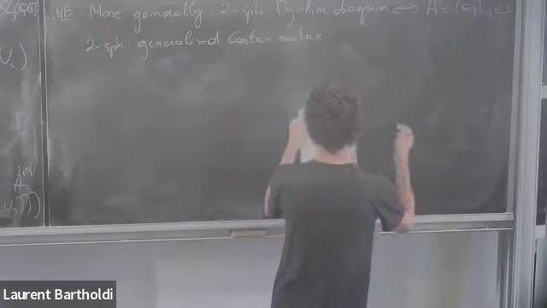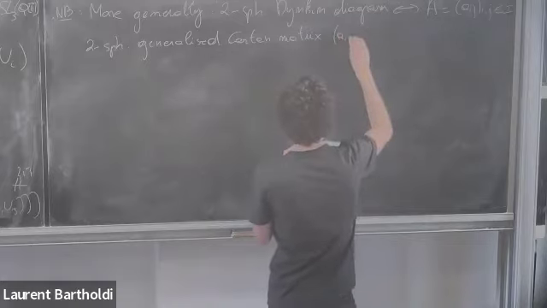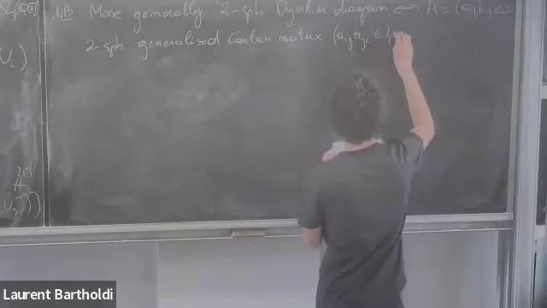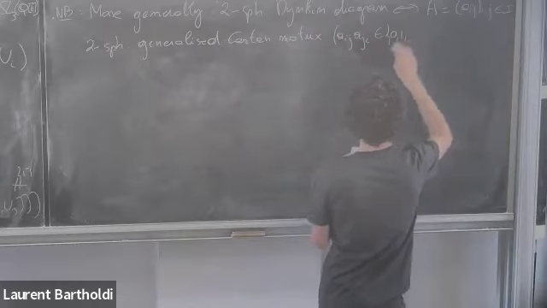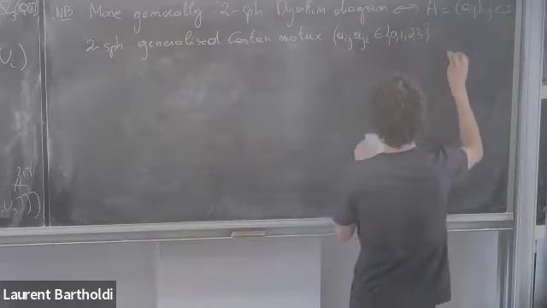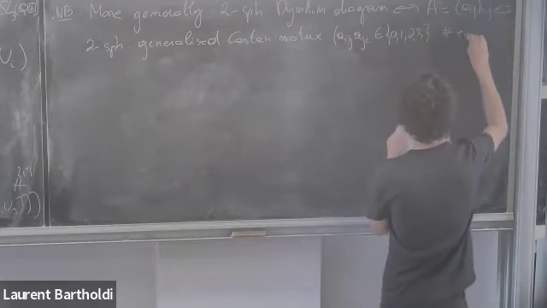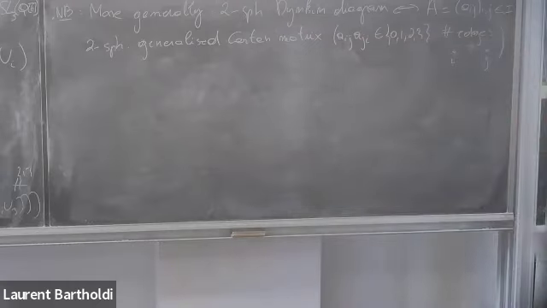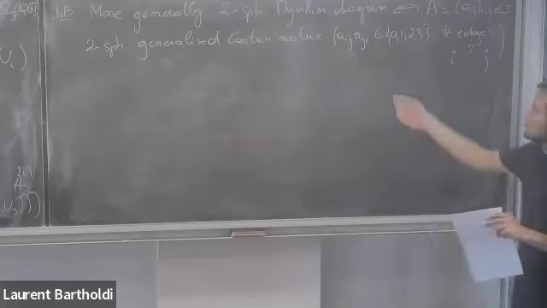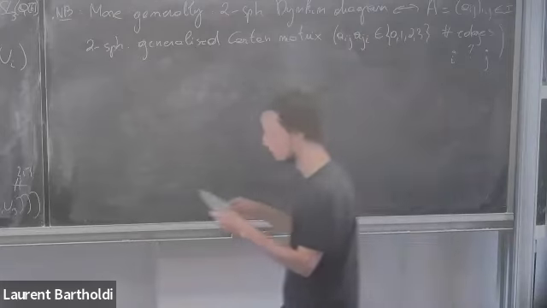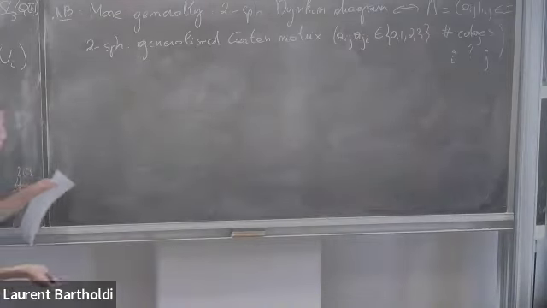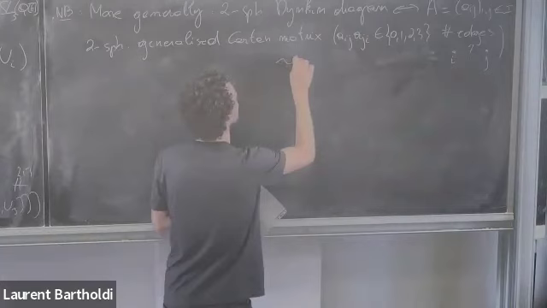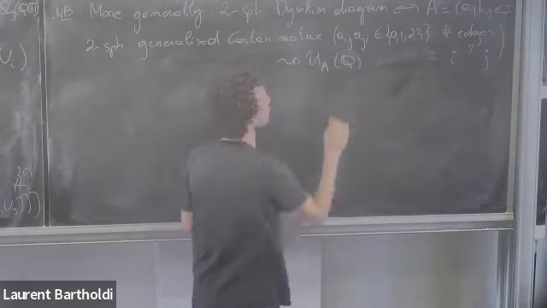The fact that it's two-spherical means that the entries A_ij and A_ji are fully given by specifying that these products are 0, 1, 2, or 3, where this 0, 1, 2, or 3 is the number of edges between I and J. So this is just an equivalent way to formulate this datum, which will be more convenient for me in a moment.